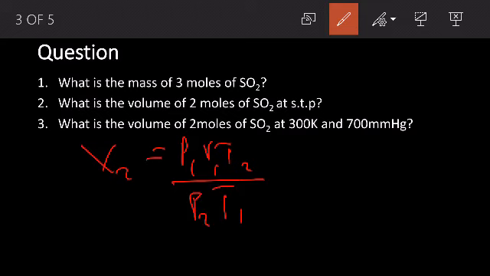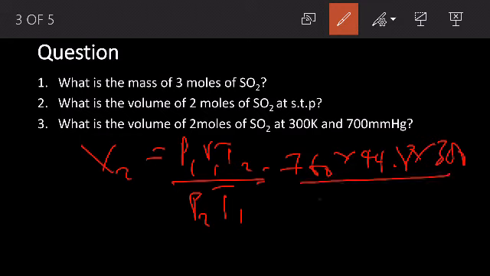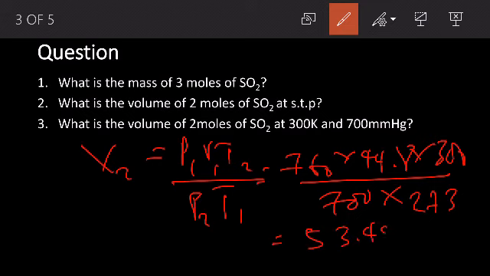Okay, which is going to give us 760 times 44.8 times 300, divided by 700 times 273. Okay, and multiplying that, we are going to get 53.45 dm cube. So that is how to calculate the volume of a gas.